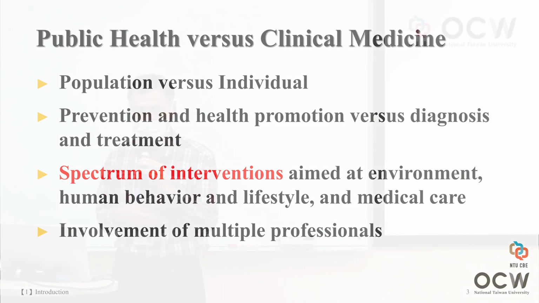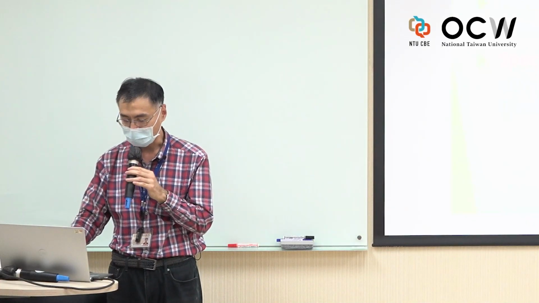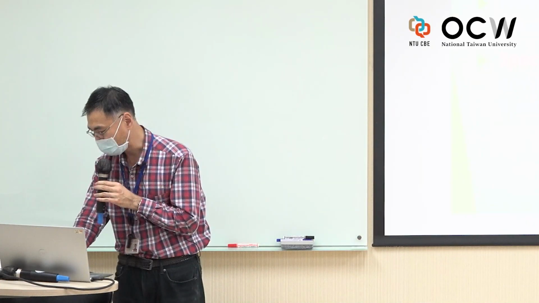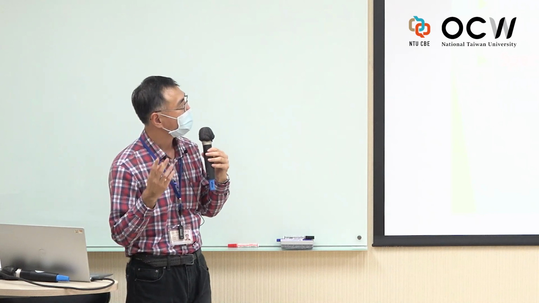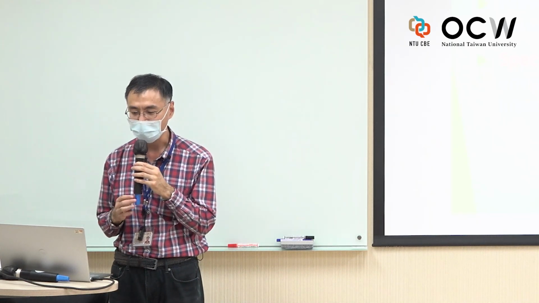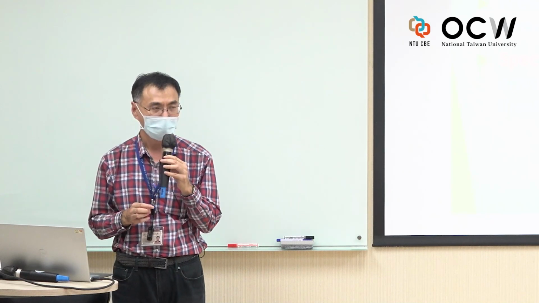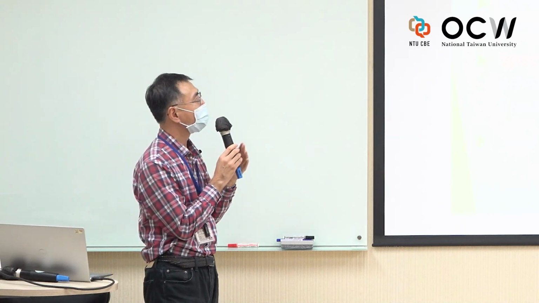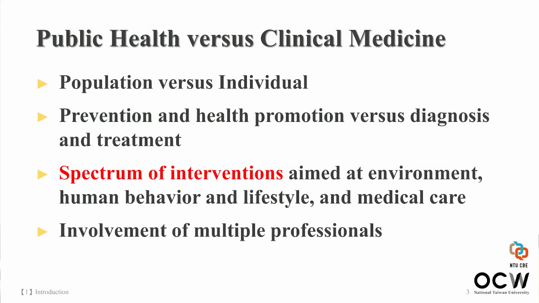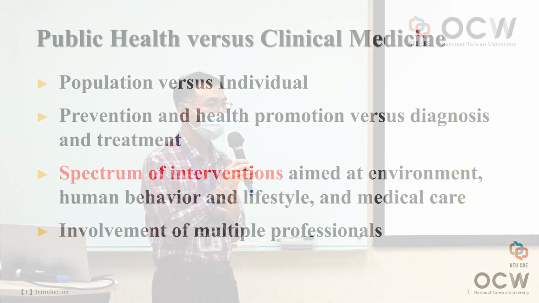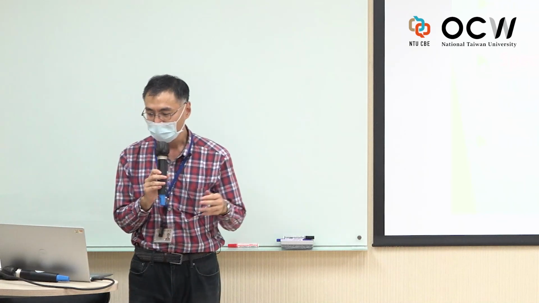But the tool we are going to use could be different, though the purpose could be the same, to take care of the people. There is some overlapping. I mean, the treatment for clinical medicine sometimes could be used as an intervention for public health. But whether we are talking about public health or clinical medicine, both involve multiple professionals, not only clinicians.